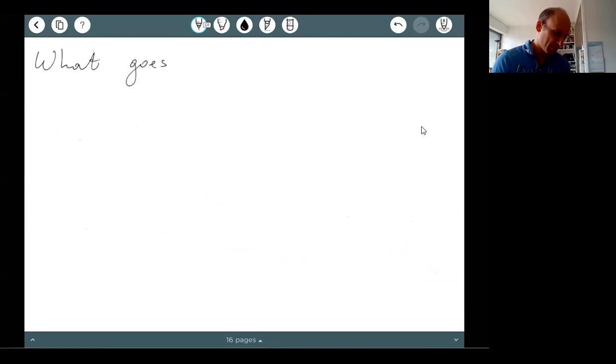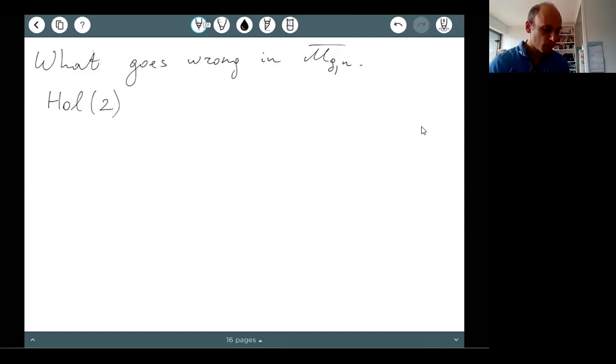What goes wrong in MGN bar? So let's look at genus 2 again. My example is again at genus 2. Let's look at this locus. And specifically, so now that I am on the space of stable curves, I don't look at smooth curves, I look at stable curves. And specifically at stable curves like this.